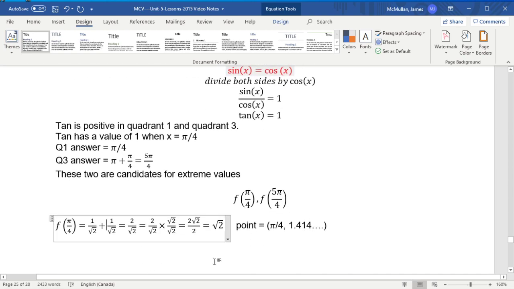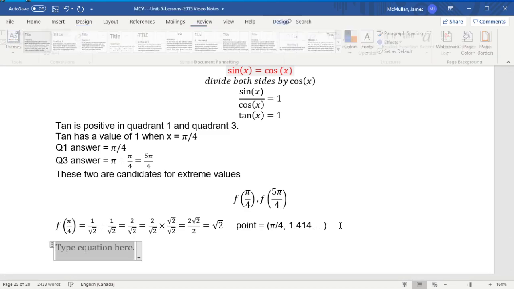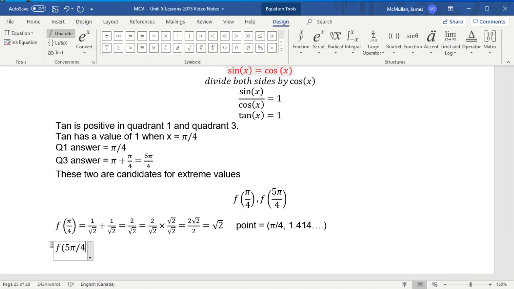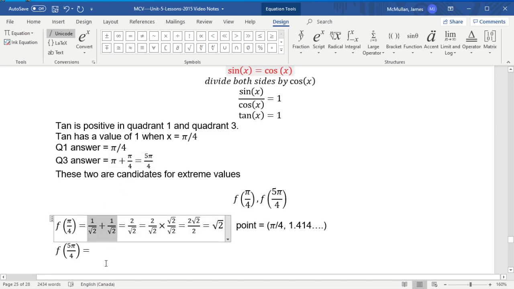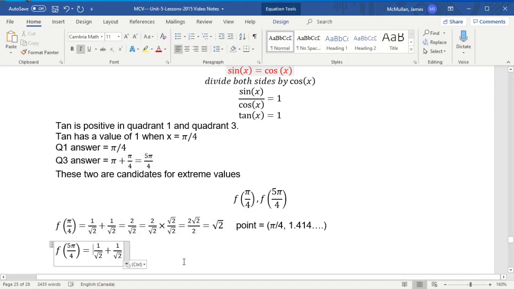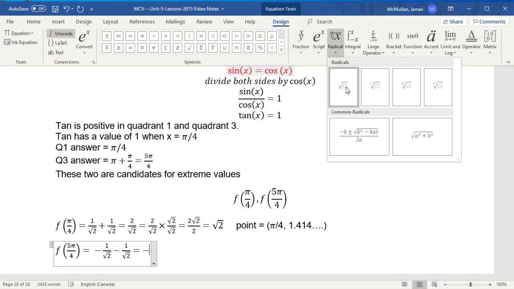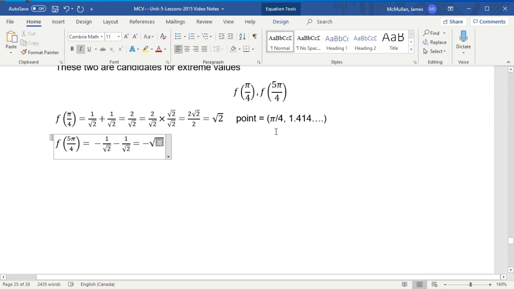The other candidate we have is f of 5 pi over 4, and this one is the same as the one above, except in quadrant 3 my two values here for sine and cos are negative because sine and cos are negative in that region. So following the exact same thing as above, the whole thing is going to simplify into negative root 2.